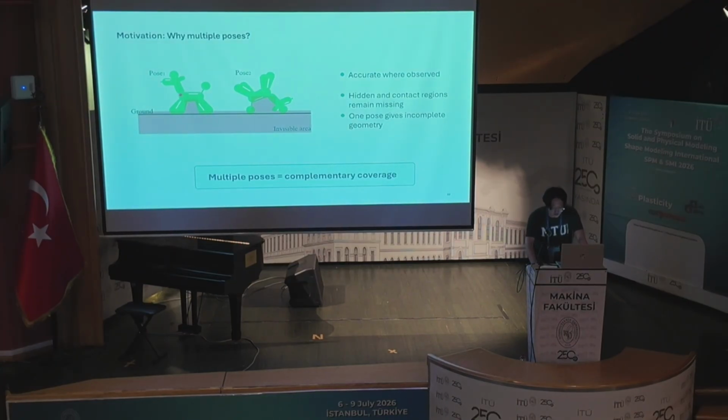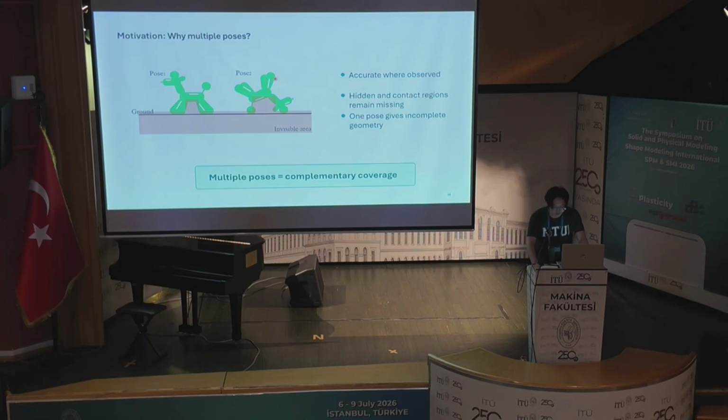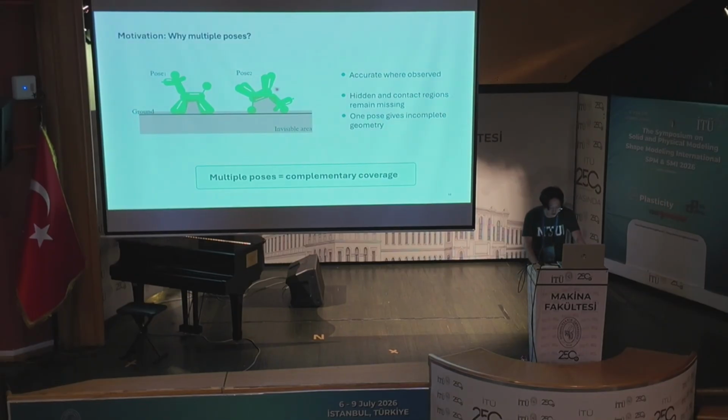When the object is rotated or flipped into another pose, different parts of the surface become visible. For example, the bottom of this puppy in pose 1, and the contact region here in red, is invisible, so it is reconstructed badly. And when we flip this puppy into another pose, we can capture the missing part.